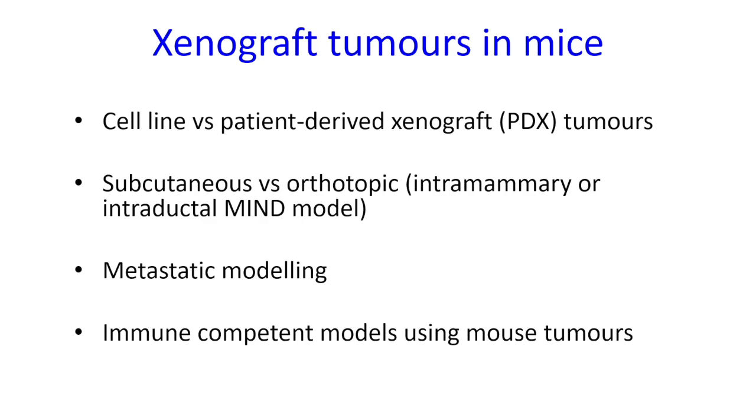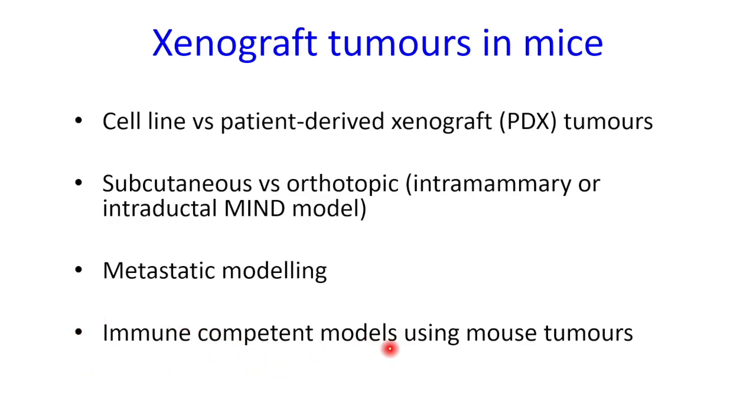So in terms of xenograft tumours in mice, we know that you can grow cell lines in these immune-deficient mice, but in fact, over the last few years, many people have grown these patient-derived xenograft tumours in the mice, and you can grow them in various places, subcutaneous, orthotopic in the mammary gland, and people have developed an intraductal model that seems to be more able to grow many more of the patient samples, and you can do metastatic modelling in these samples, but what you can't do is model the immune system since they're immune deficient.